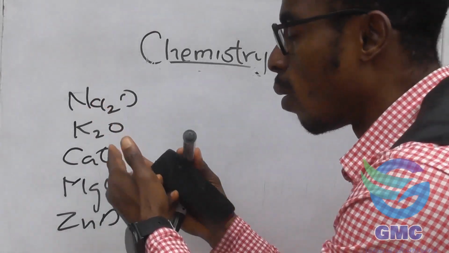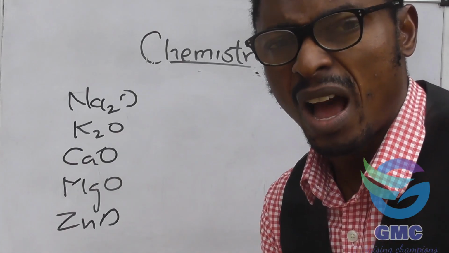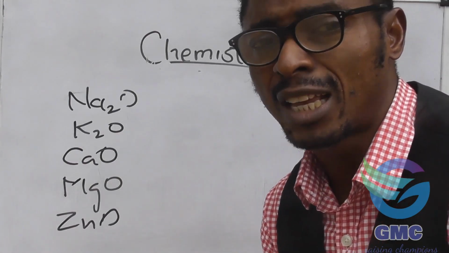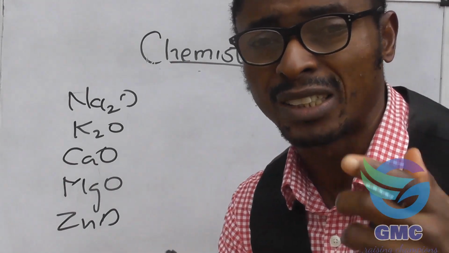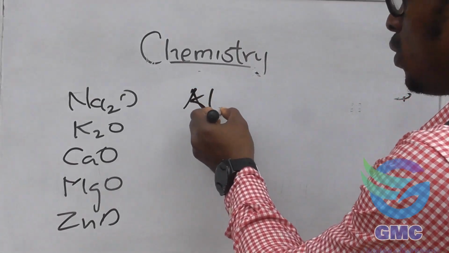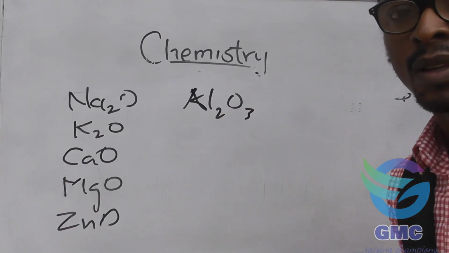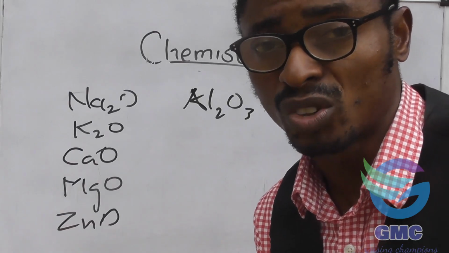When you see metal combined with oxygen, what you have is a base. However, we have certain exceptions where one or two of them behave both as a base and as an acid, like aluminum oxide. In such case, we call them amphoteric oxide.